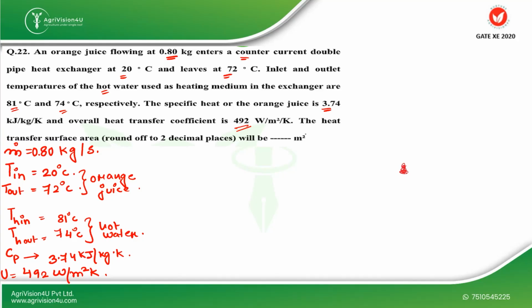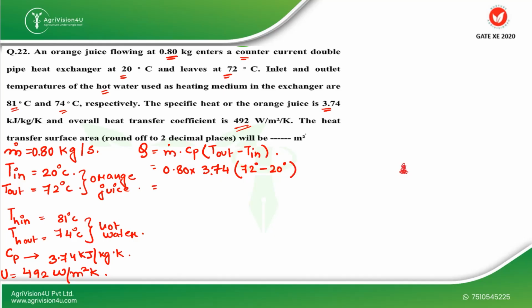So to calculate the heat transferred, we know that the heat gained by the orange juice is Q equals mass flow rate times specific heat times delta T, that is out minus in for orange juice. So mass flow rate is 0.80, Cp is 3.74, delta T is 72 minus 20 degrees Celsius.